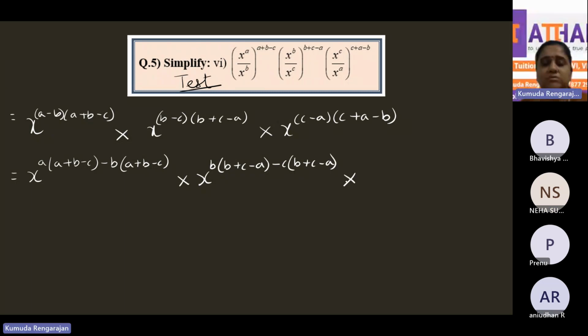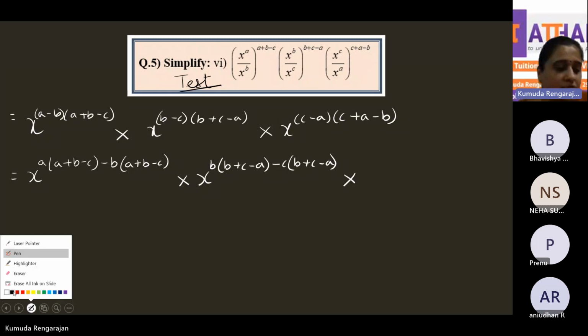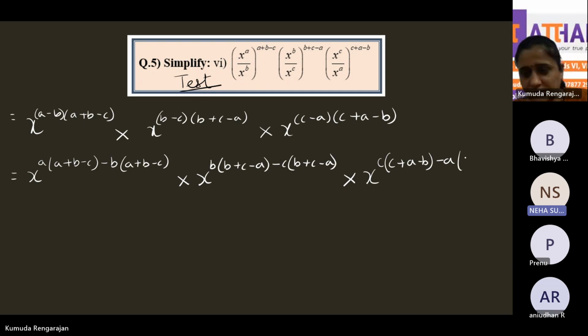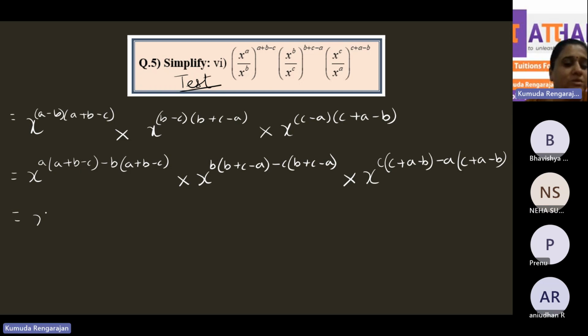Very good. Then into X power. Yeah, tell me. Ma'am, I think X power. Okay. C into C plus A minus B close bracket, minus A into C plus A minus B. Very good. Tell me the product.